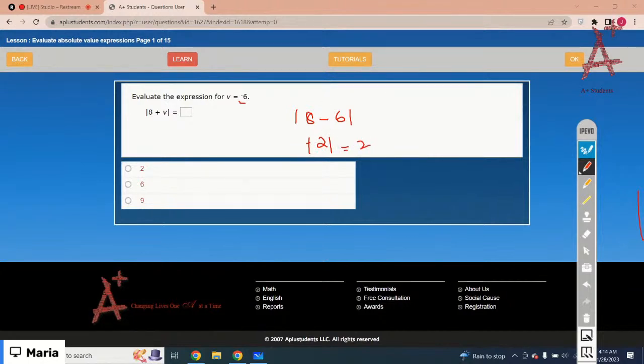The absolute value of a positive number is the same. The absolute values are all the positive values. So it would be the first option, that is 2. The correct option is 2.